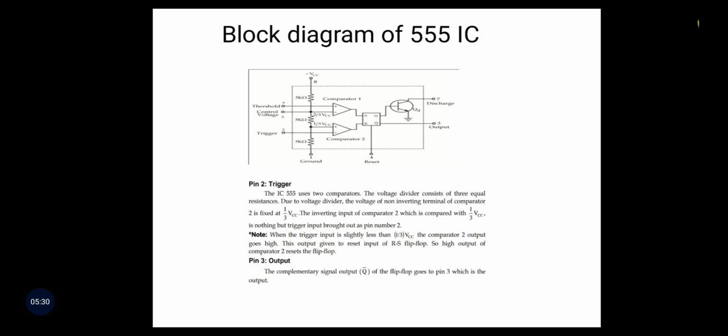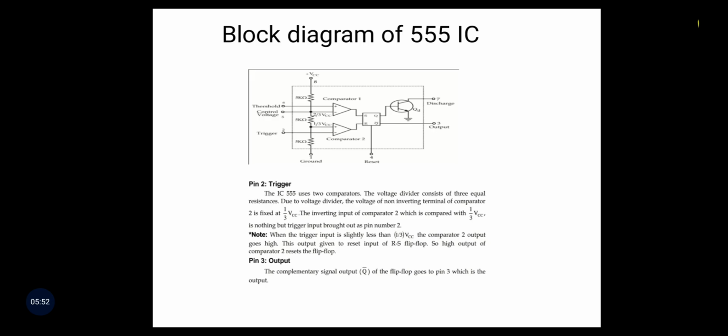When the trigger input is slightly less than 1/3 VCC, where do we apply the trigger pulse? In comparator 2, at the inverting terminal, we apply the trigger pulse.